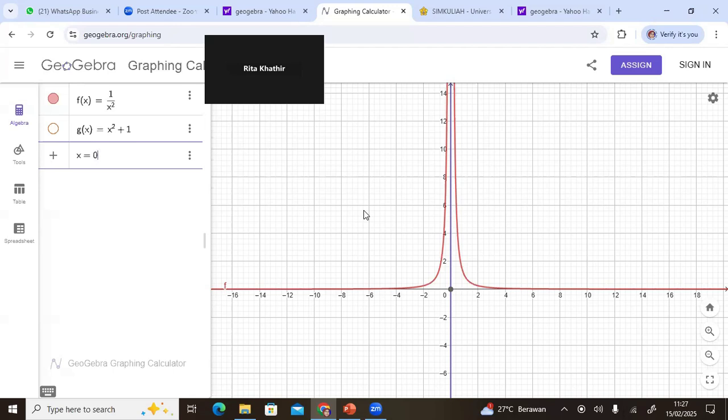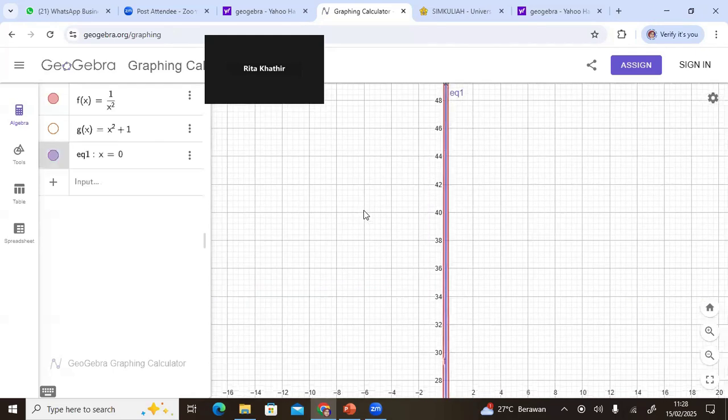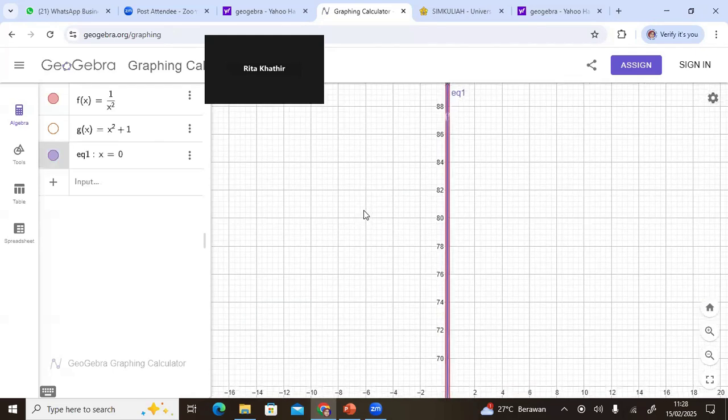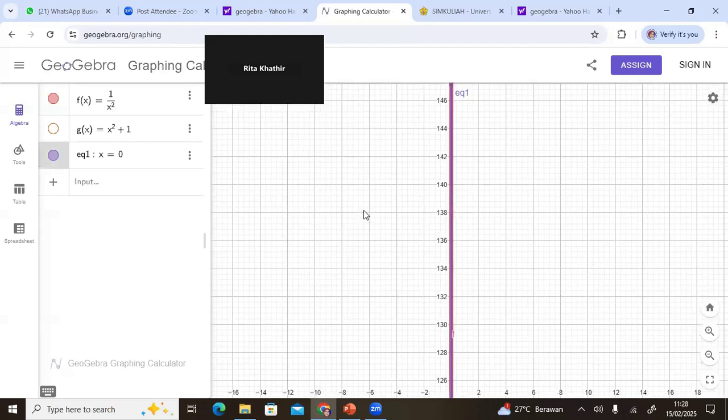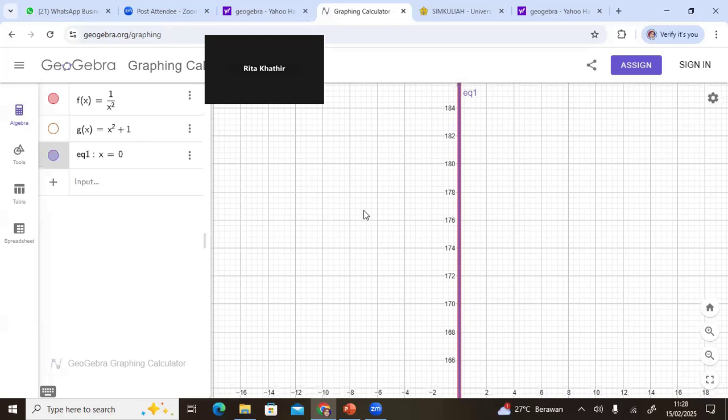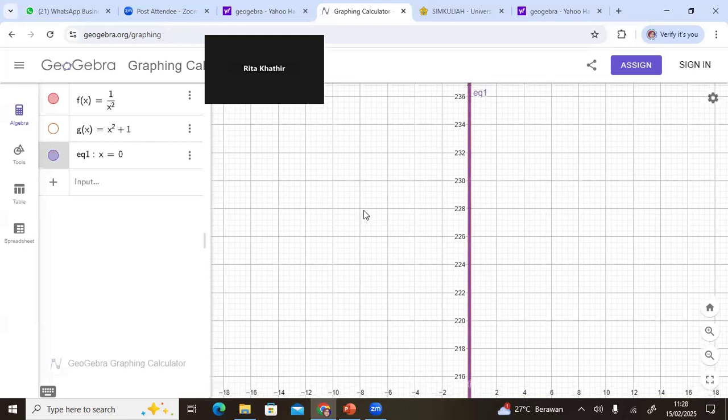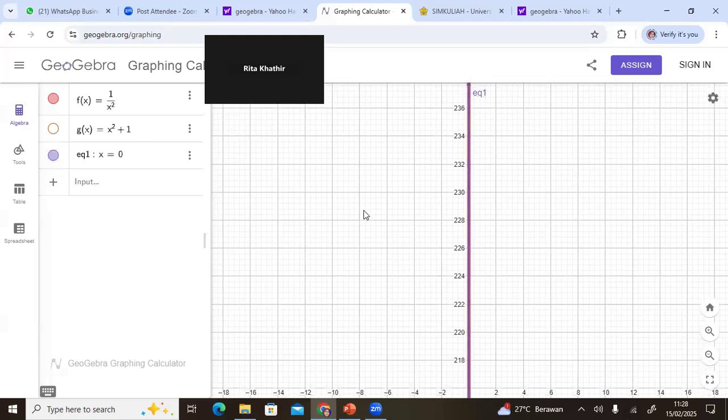So what is the definition of asymptote? It is a line that is approached by a graph, a model, but never reached by it. Is that correct? Never reached. Reached or not?